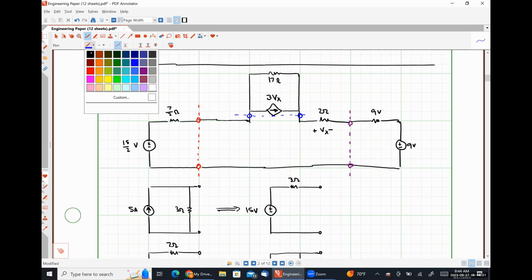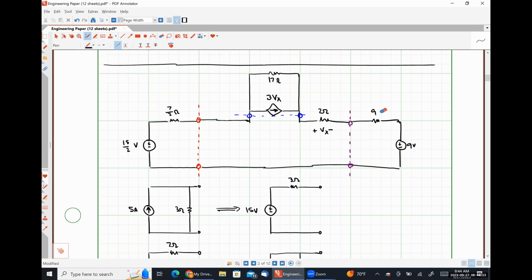My apologies, I wrote volts here. And similarly, we could see that the 15 halves volt source is in series with the 9 volt source. So we could do a resistor combination and a voltage source combination here to further simplify things, right?